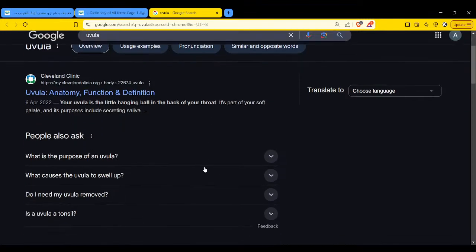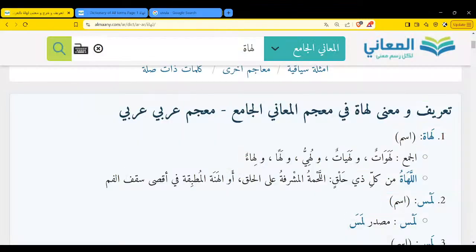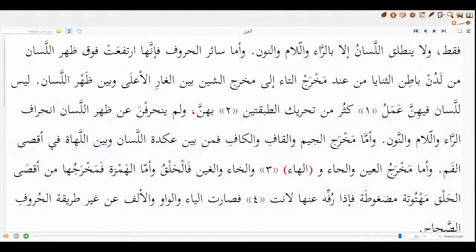It's part of your soft palate. So the part right at the back of your throat is the uvula. So the makhraj of jim, qaf and kaf is from between the root of the tongue, or the back end of the tongue, and the uvula at the furthest part of your mouth.